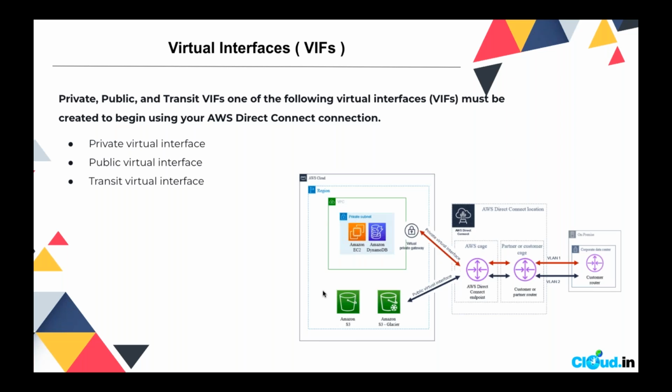This VIF uses public IPs at its end to connect to these services. It allows direct access to the public endpoints. If you have an S3 endpoint, you will get access to it publicly from your on-premises network. The traffic uses the AWS backbone network, reducing the latency compared to internet access.